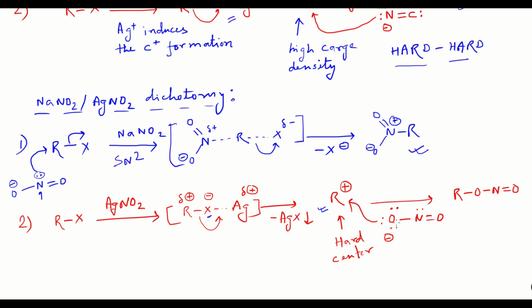Then the hard center, which is the oxygen nucleophilic center of the nitrite anion, will attack the carbocationic center, and the alkyl nitrite will form. So here you can clearly see that nitrogen is binding to the alkyl group in one case, and here the oxygen is binding to the alkyl group. Using this dichotomy, we can synthesize different types of valuable organic compounds.